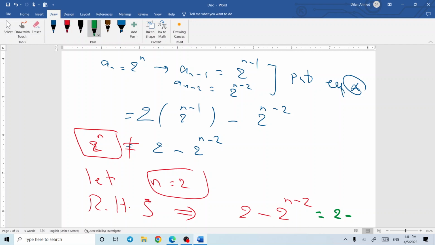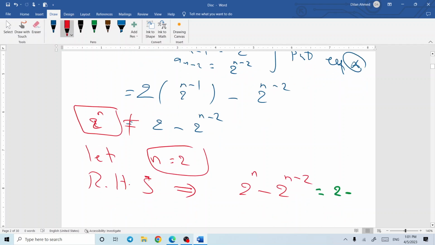You are right, here's the mistake, right? We have 2 to power n. Tamam? So I'll get what if n is 2? 2 power 2 minus 2 power 0, which is equal to 3.